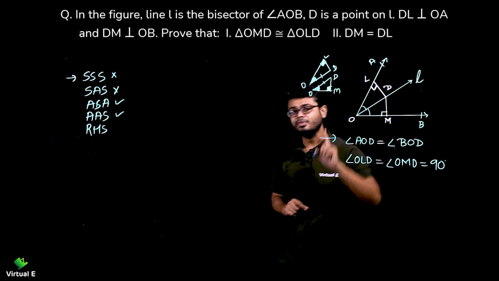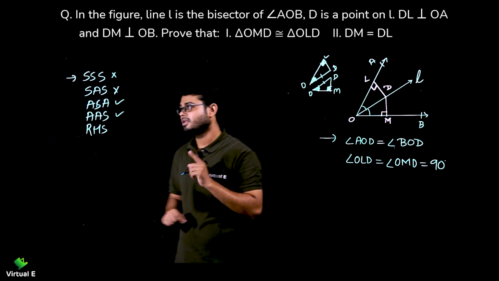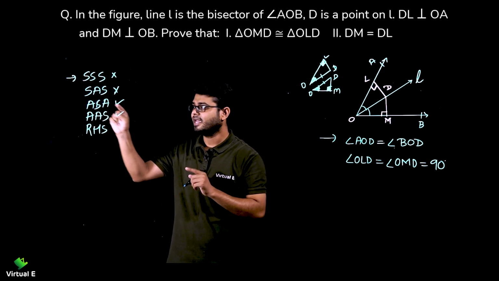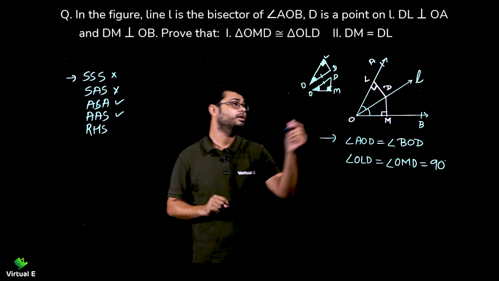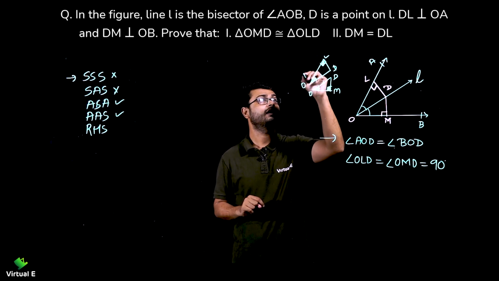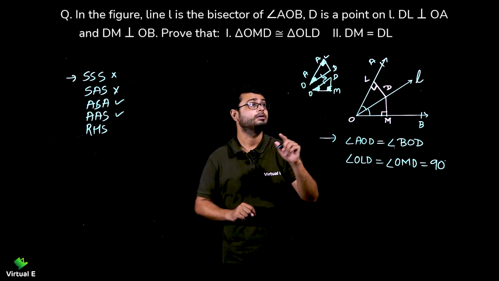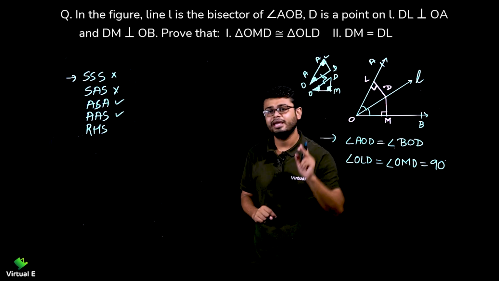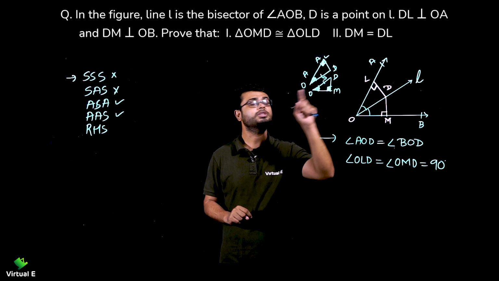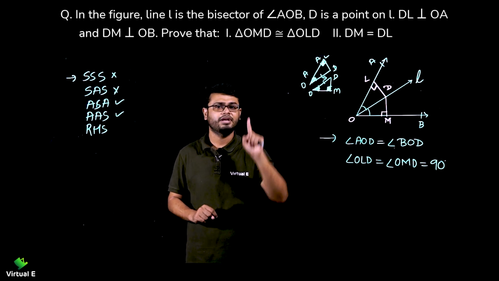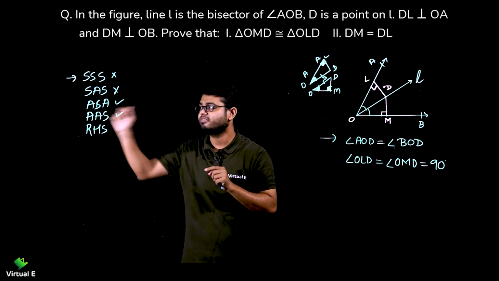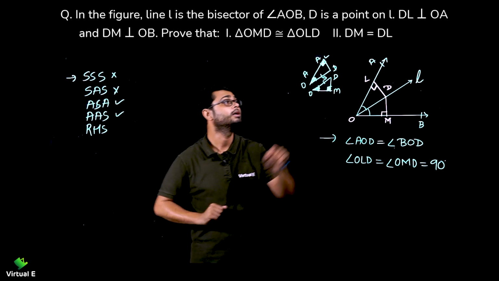Now first of all, think, is it ASA or AAS? What kind of condition do we have? Angle, angle, and here it is side. I told you in AAS, the side will be in touch with only one angle, not included like the previous one. Previously we had an included side.